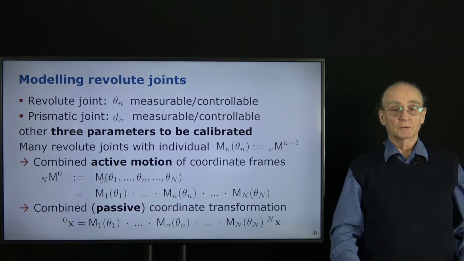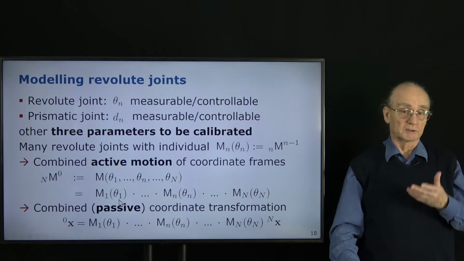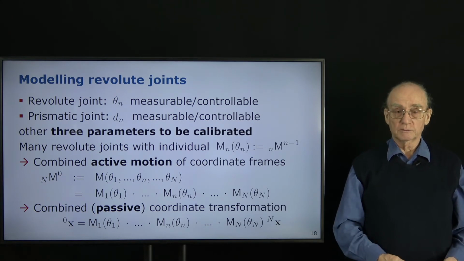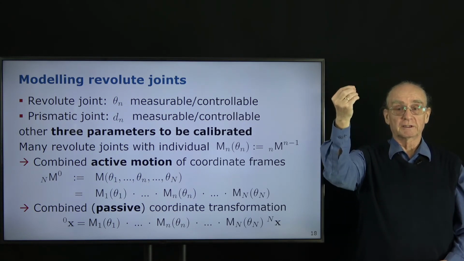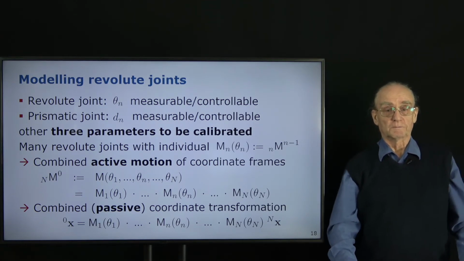That means you multiply these matrices, which depend now only on theta, because we assume that the other parameters are fixed. That means we have a product of all these individual motions, in our case 6, from M1 to M6, depending on the 6 angles which we can measure in the system. And this gives us the possibility to describe the motion of the original system, which is actually the platform of the robot, which is fixed, into the coordinate system of the end effector, where we actually have our measuring tool.